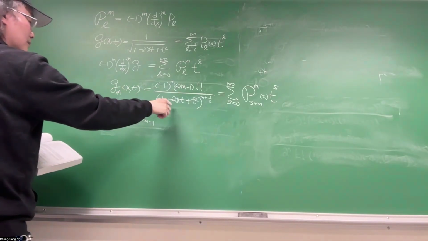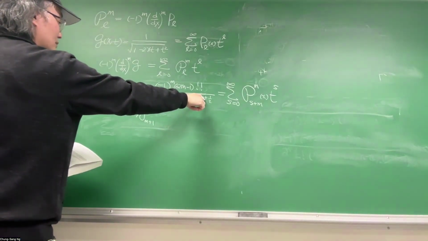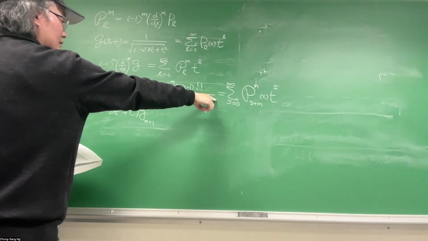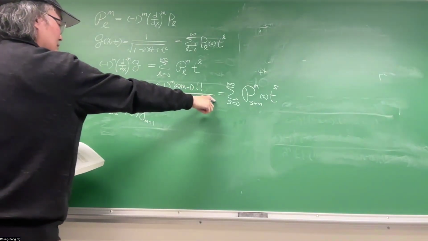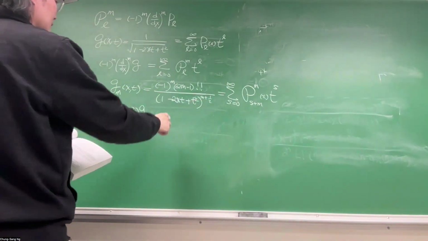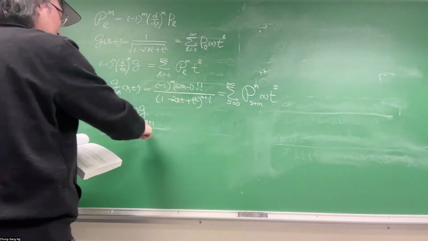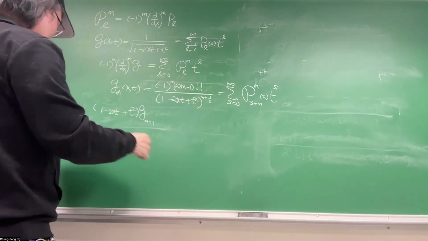If you have a g, you shift this m to m plus 1, so this becomes m plus 1. So there's an extra factor here in the denominator, but you multiply by the same factor, basically cancel this extra factor, right? And other than this m, for this one is all shift to m plus 1. This shift to m plus 1, right?